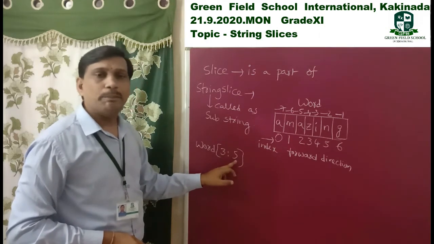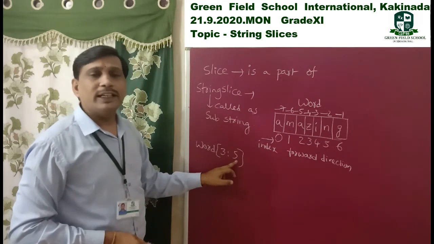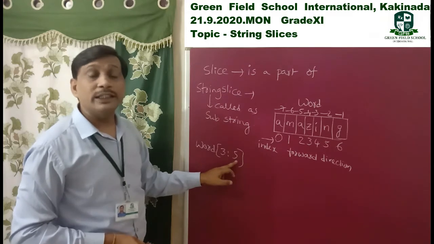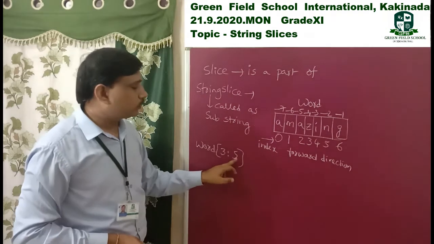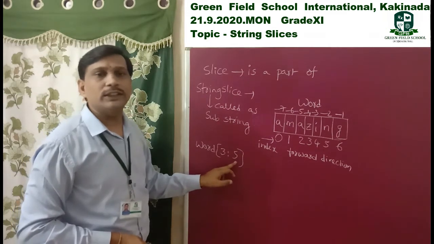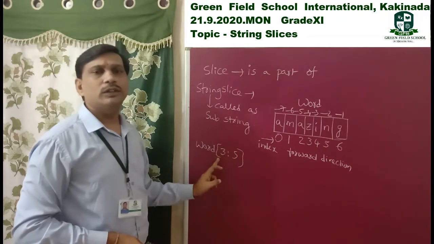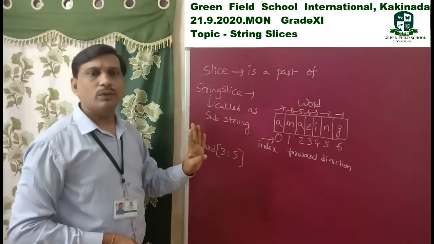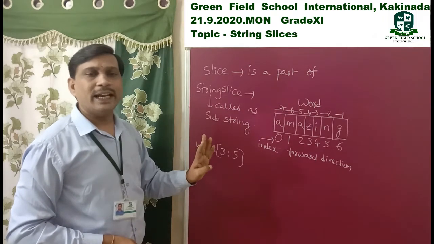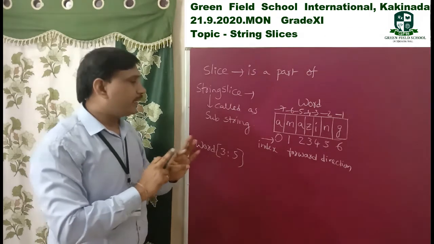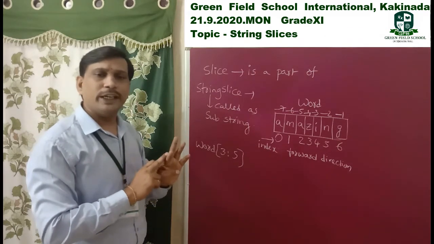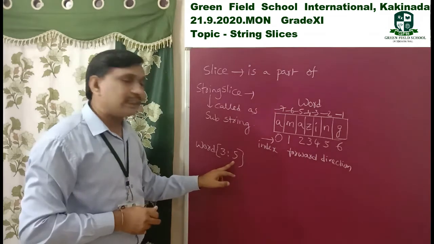When we consider any upper bound, we do not include it; this is very, very important. We exclude this 5. Before 5, that is 4, we can access the third and fourth characters, 3 and 4. We do not access 5.